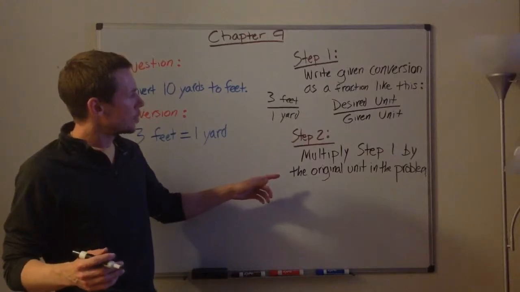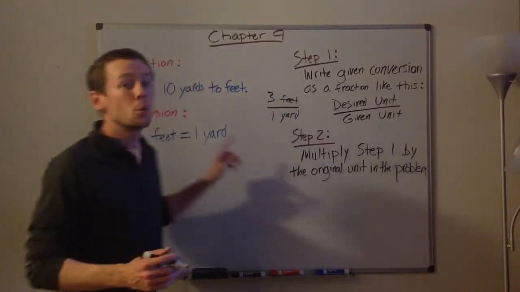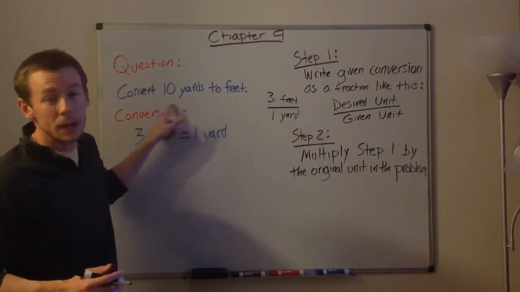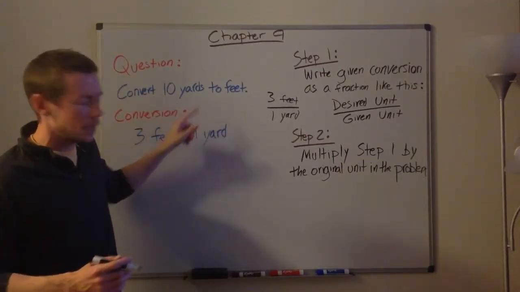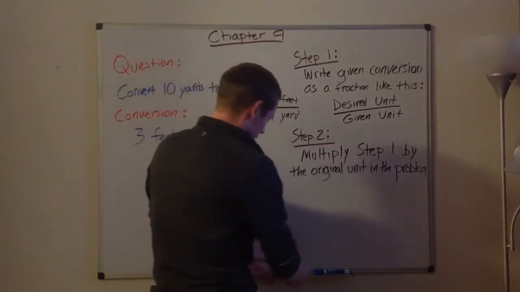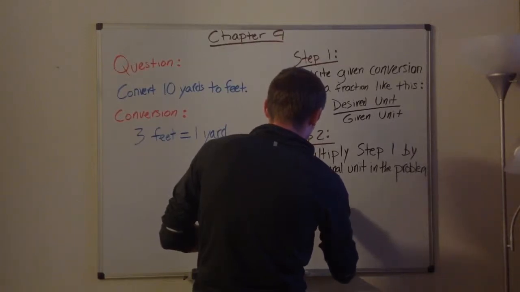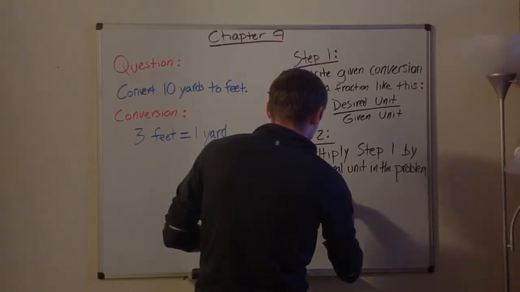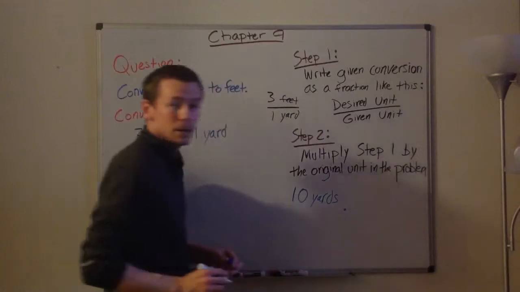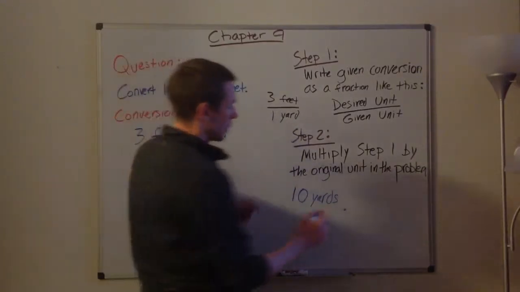Step 2 is we're going to take this and multiply it by the original unit from the problem. So what I'm going to do is write 10 yards times our conversion in this fraction form.